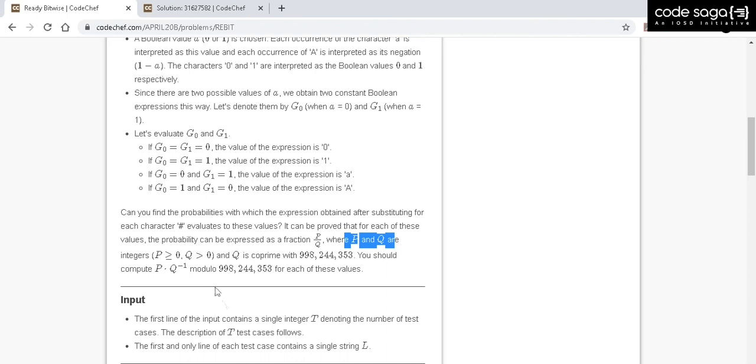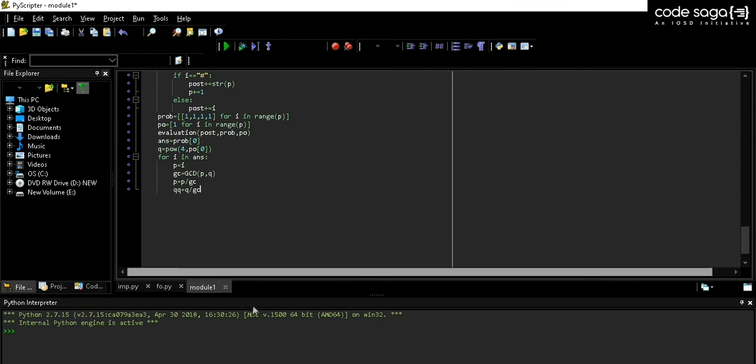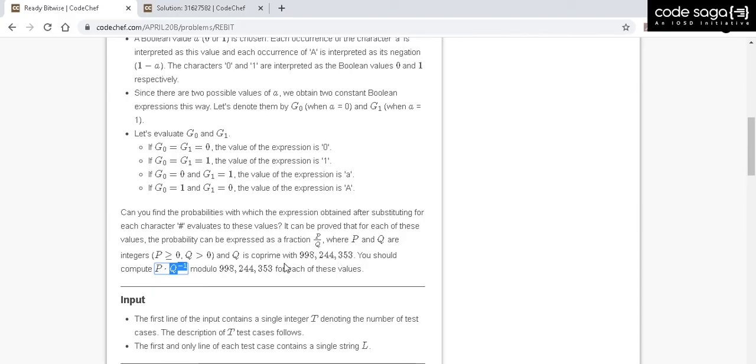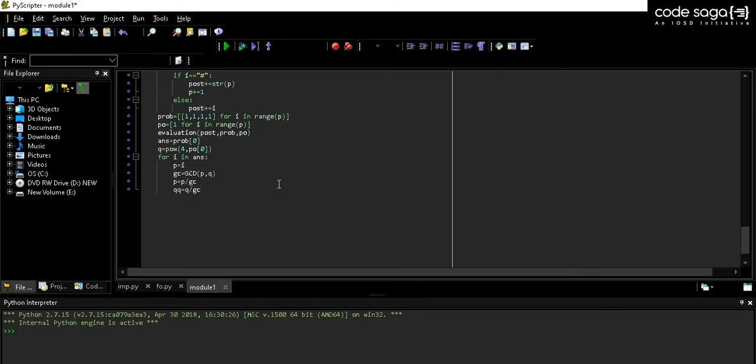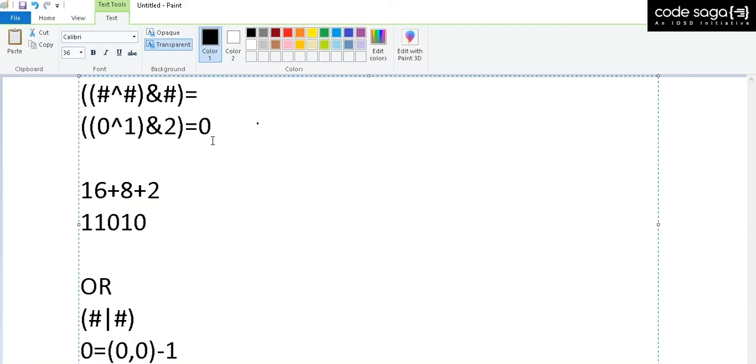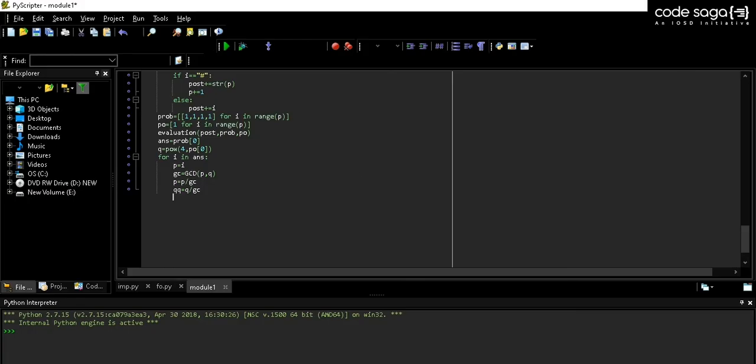Now how to find q inverse? That is the question. So q inverse, when q and mod are co-prime, you can find q inverse of the mod, which is written right here, simply as, I'll show you here first, q raised to the power mod minus 2, whole mod. Now again this will be done using binary exponentiation.